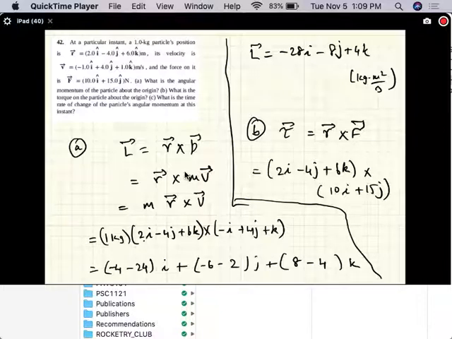Any vector crossed with itself is 0. And one other thing you have to remember, j cross i is what? It's minus k. Remember, cross product is anti-commutative. A cross B is C, B cross A is minus C. So these are all the properties that are being used, these 3 properties.